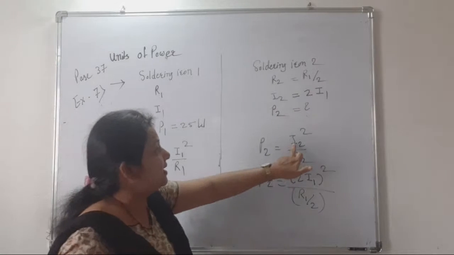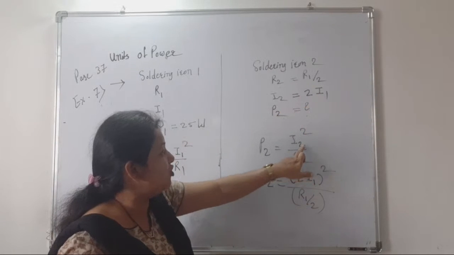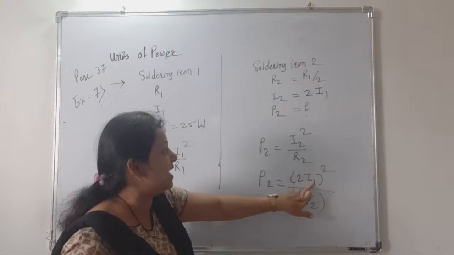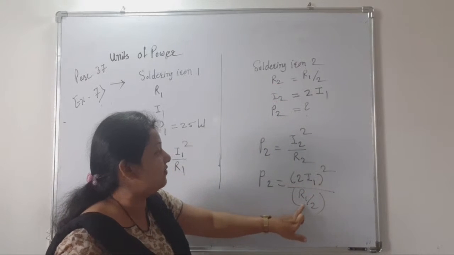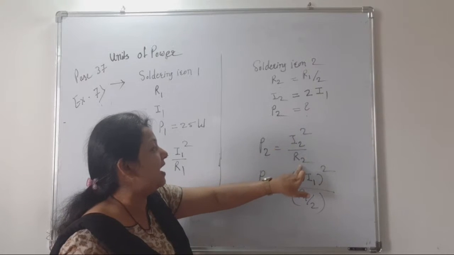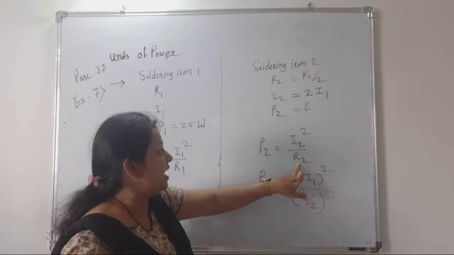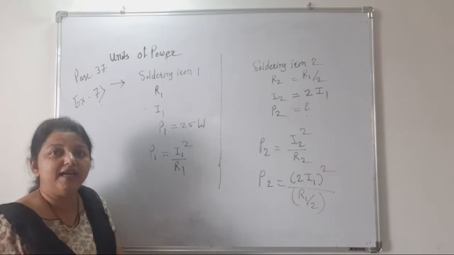Here we insert I2 is equal to 2I1. So we insert the value of I2 in terms of I1 and here we insert the value of R2 in terms of R1, because P2 is equal to I square R. Therefore I2 square R2. So insert the values. So what is the next step?